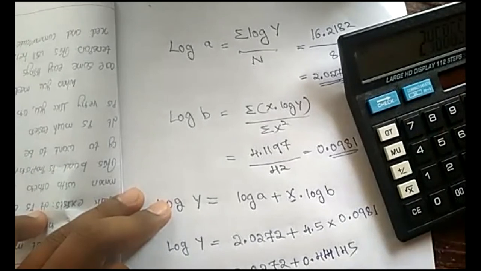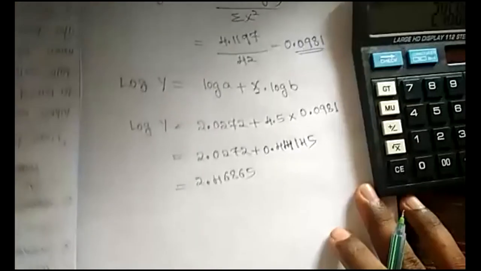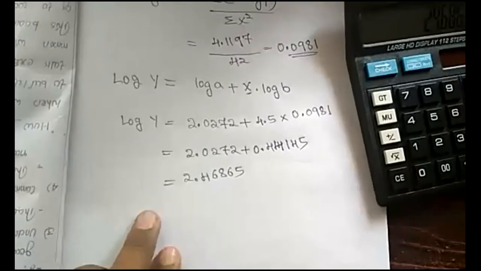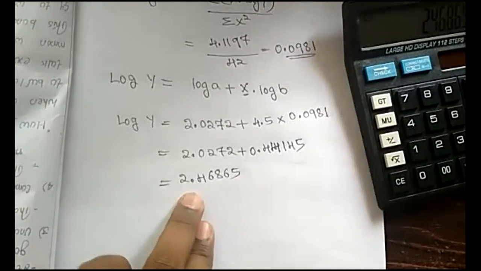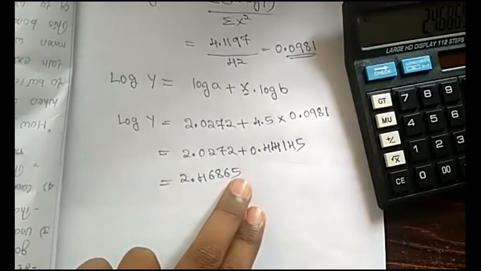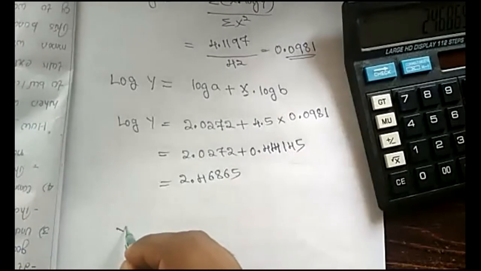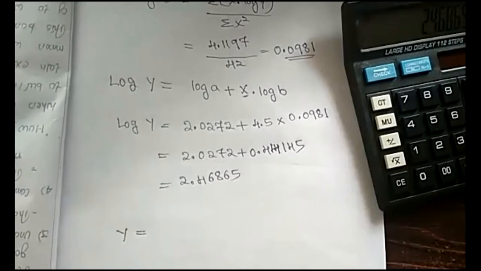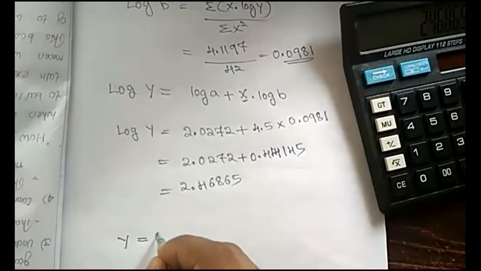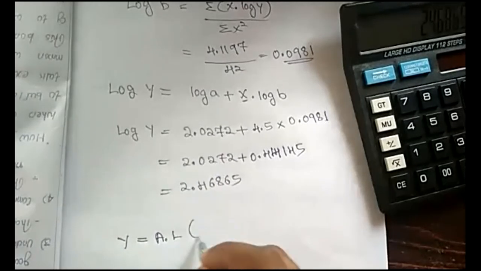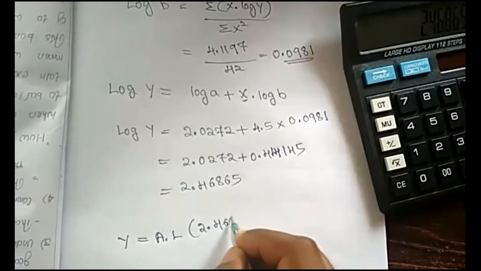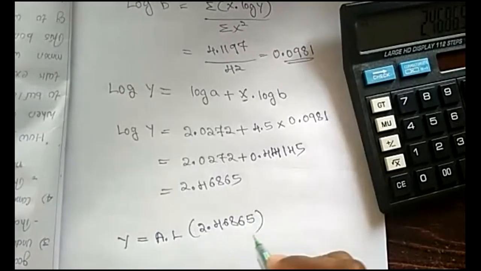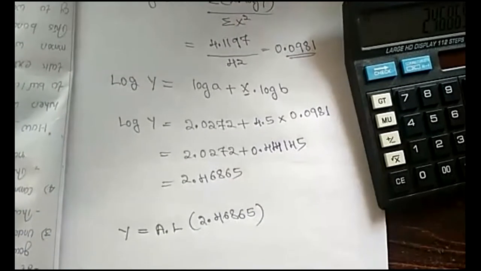So log y is equal to 2.46865. Then what is the y? Log y is equal to 2.46865. So y is equal to antilog of 2.46865.